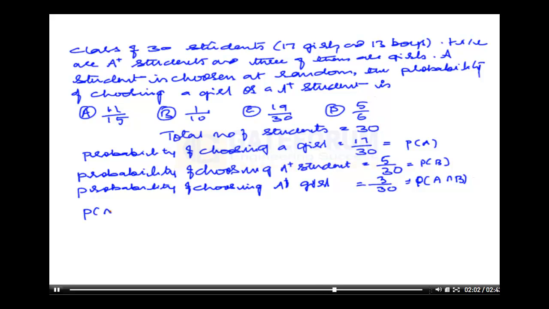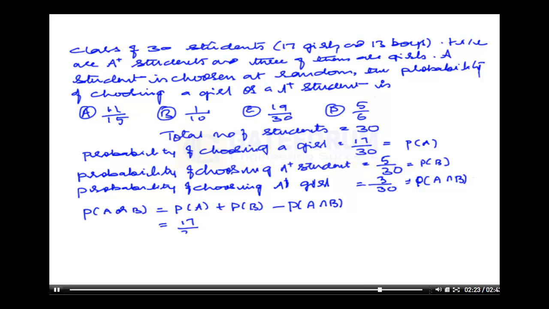Therefore, the probability of choosing A or B, either a girl or an A plus student, is P(A) plus P(B) minus P(A intersection B).